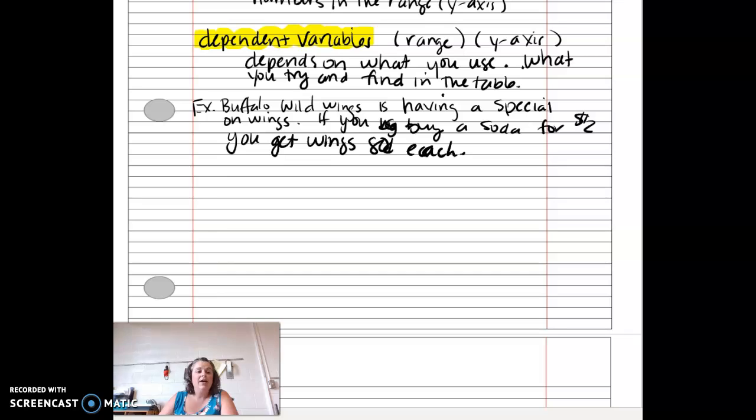Wow, that looks like a hot mess. There we go. Okay, so if we were to set up a table here, what we're interested in is, okay, how many wings do we actually have? The cost, or the dollars that we spend, depend on how many wings we actually get. So I might even put that down.